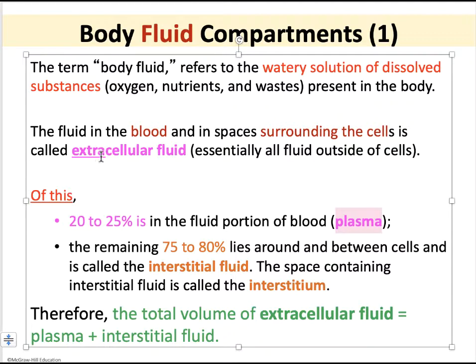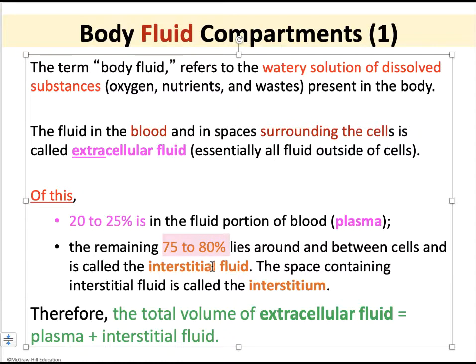And of all the extracellular fluid that you have, about 20 to 25% is the plasma in your blood vessels. The remaining 75 to 80% of the fluid, the majority, 3/4, that's not present in your blood, but it lies between your cells and the blood vessels.